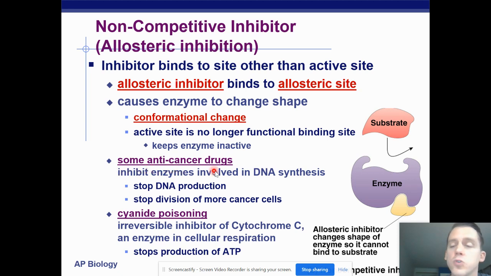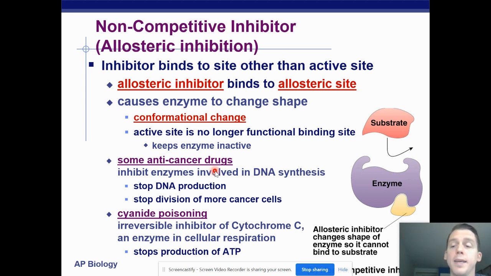Some anti-cancer drugs work this way. Cancer is going to cause very fast cell division. So you might have a non-competitive, allosteric inhibitor that attaches to an enzyme and basically prevents DNA production. If we can't produce DNA, we can't divide our cells.